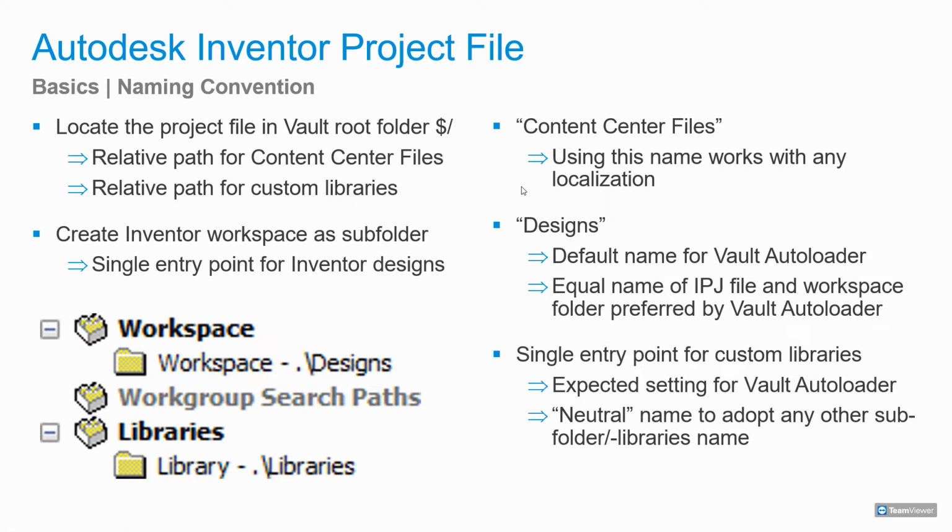This is just an overview, so you can come back to it and watch it later on YouTube if you get stuck at any point. So the basic idea: in your project workspace setting, you'll be able to change the workspace and your libraries. Okay. I'm going to move on to the next slide.